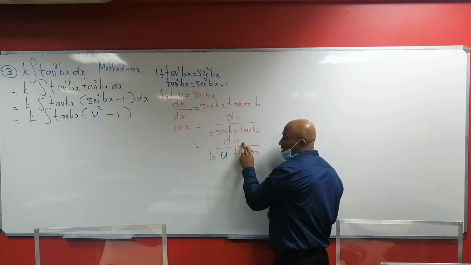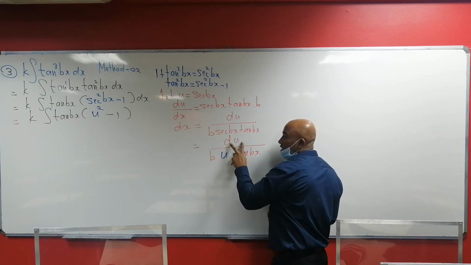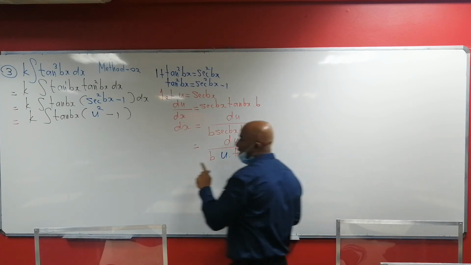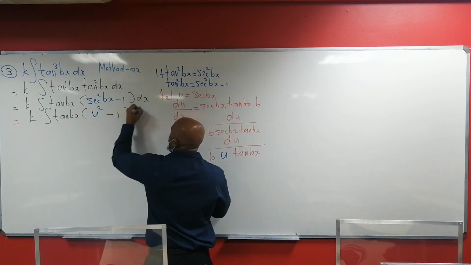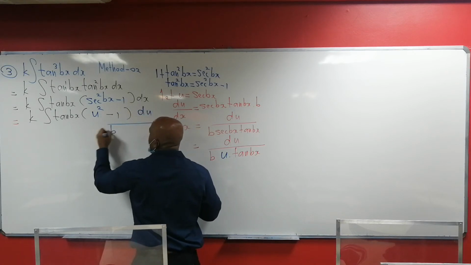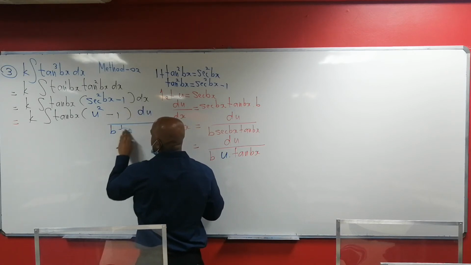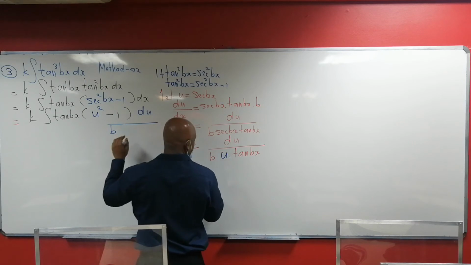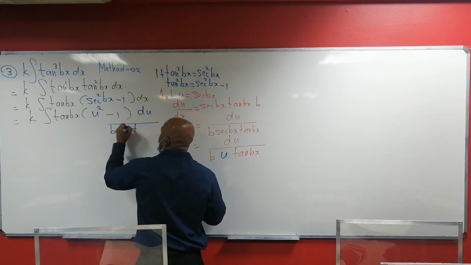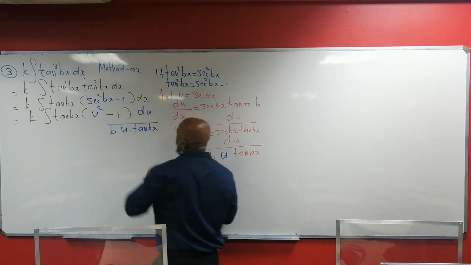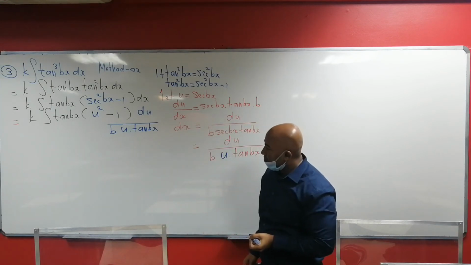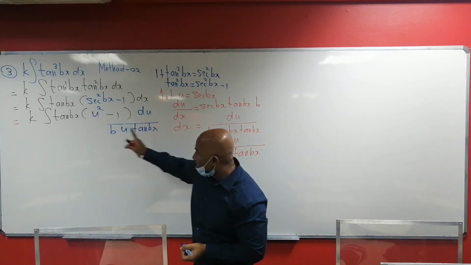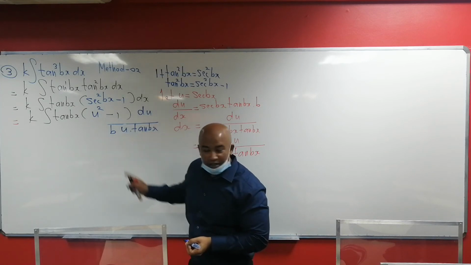So dx is equal to du divided by b u tan bx. So that's going to be du divided by b times u times tan bx. What do you notice now? Tan bx and tan bx cancel.